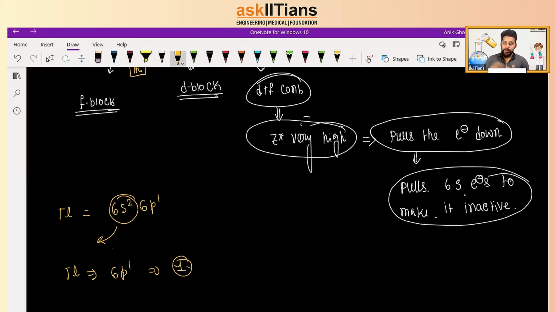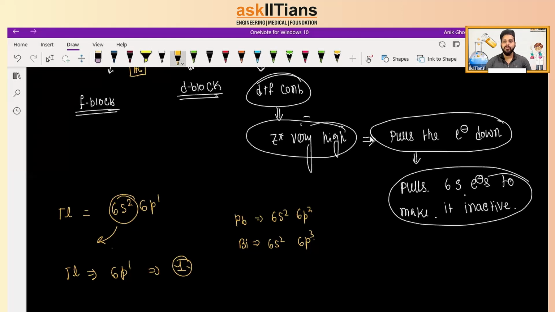Now, similarly, when we talk about the rest of the elements, like lead and bismuth, what would be the electronic configuration? Lead's electronic configuration would be 6s2 6p2. For bismuth, the electronic configuration would be 6s2 6p3.